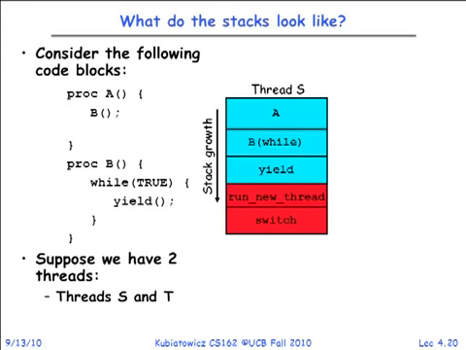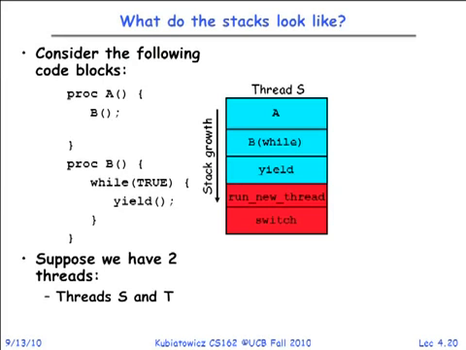By the way, I'm going to ignore the kernel part of yield, because that's just putting too much stuff in our diagram. But in the kernel, we're going to run new thread and call switch. And what switch is going to do is switch all of the registers for thread S with all the registers for thread T. One of the registers we switch is the stack pointer, which means by switching registers, suddenly we have a different stack.